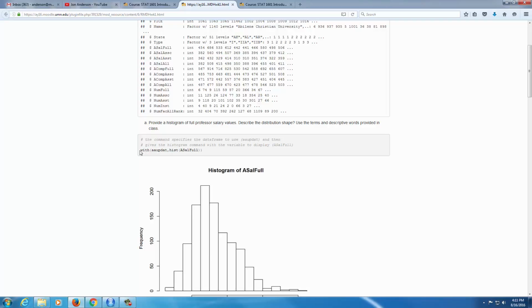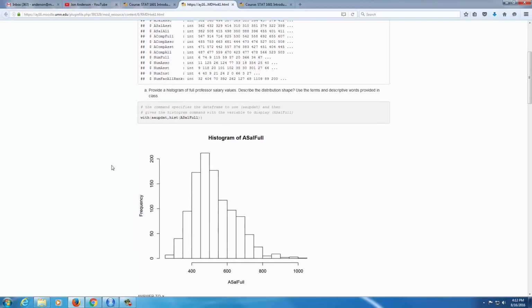And this command that is already in your markdown file will produce the histogram that you see here. So to understand the command, it just means with the AAUP data frame, make a histogram. And if you execute and knit your markdown file, you should get this histogram produced.